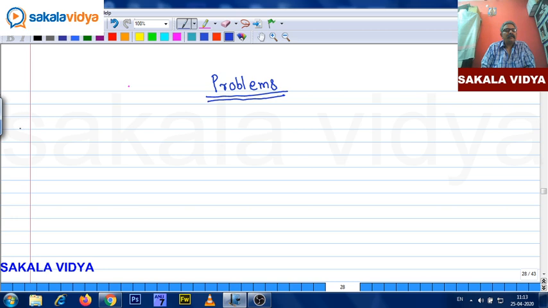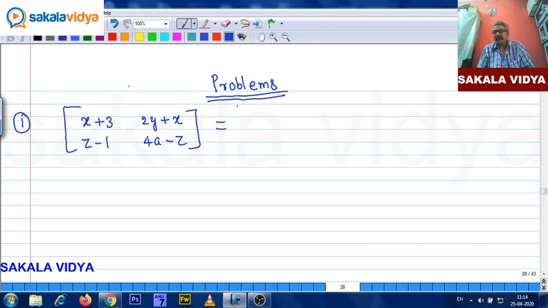First problem. It will be very simple, even beginners can do the problems. The matrix with entries x plus 3, 2y plus x, z minus 1, 4a minus z equals the matrix 0, 7, 3, 2a.